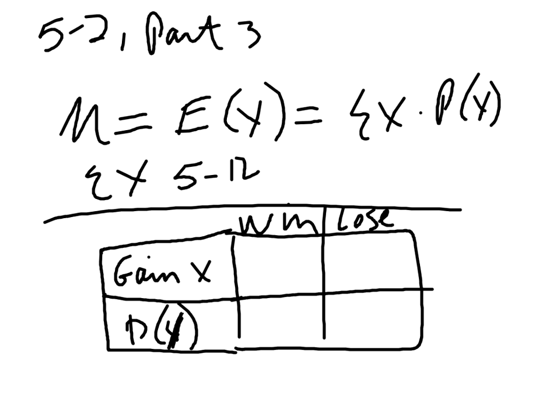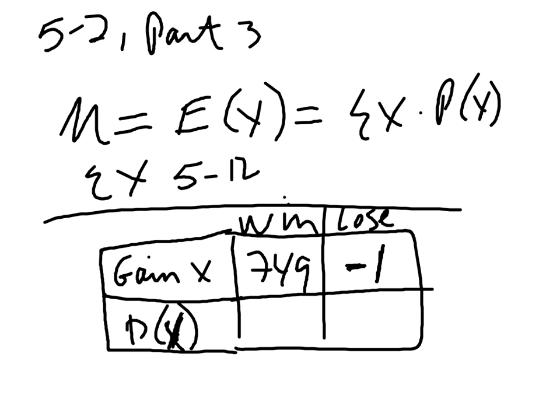Now, remember that you're paying $1 to play the game. So if you actually win the TV, you win $749, and if you lose, you're going to lose $1. So if you notice there, we've got a random variable x that's a minus.